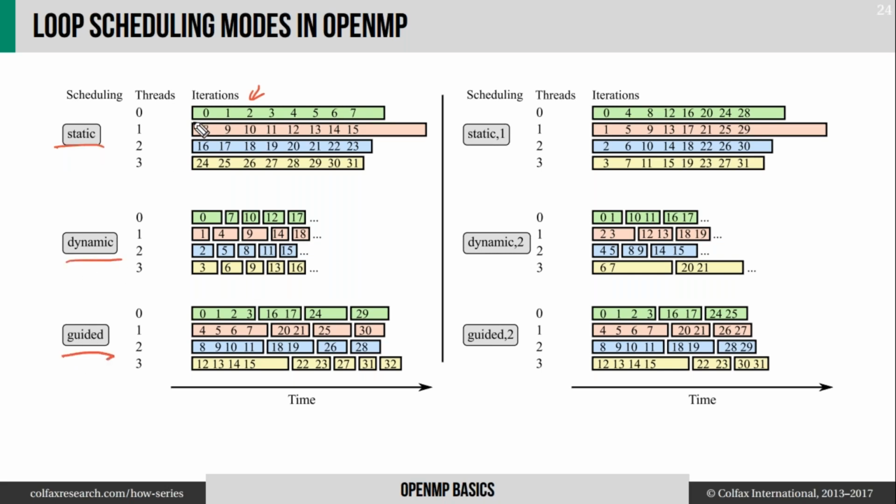In static mode, OpenMP will decide which iterations go to what thread at the beginning of the loop, and then this decision will not change at runtime. This is cheap. There is very little overhead for scheduling. But it has the disadvantage that if some iterations take longer than others, there may be a case where at the end of the loop, one thread is working and other threads are idling. So you're wasting resources at this point.